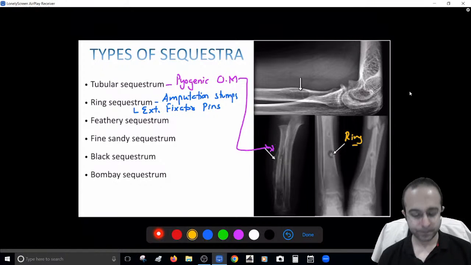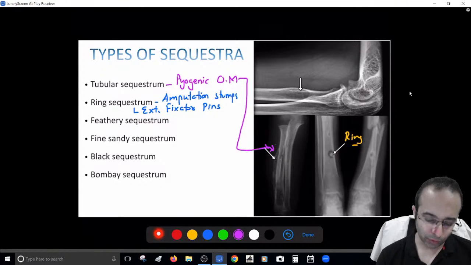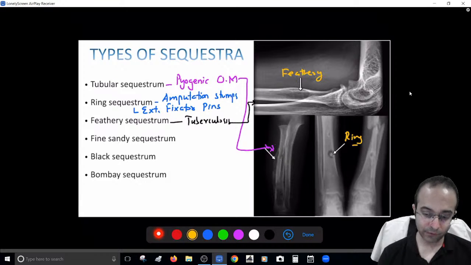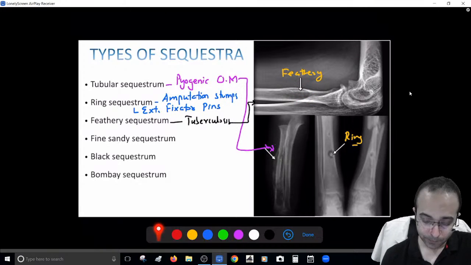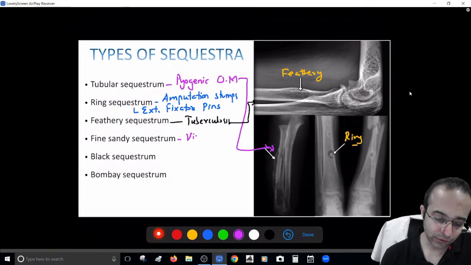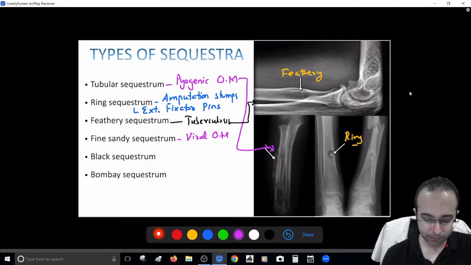Okay, a feathery sequestrum, this is generally seen in cases of tuberculosis. See this picture, can you see this feathery type of sequestrum? So that's a cavity with pus, and this is the thin feathery sequestrum that you see in tuberculosis. A fine sandy sequestrum would generally be seen in cases of viral osteomyelitis.